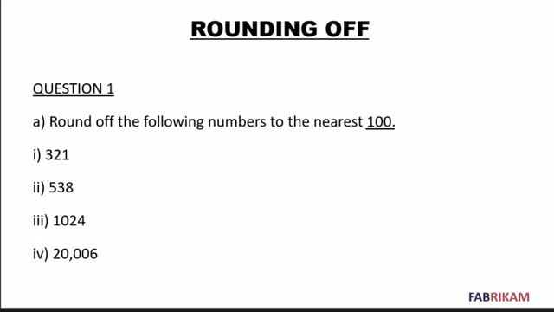Let's look at 321. 321 to the nearest 100, like I've said, is 300, because it is easy for you to move from 321 to 300 than it is to go to 400 because 400 is very far. It is way above the halfway.